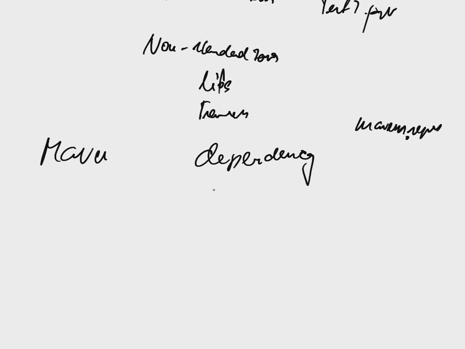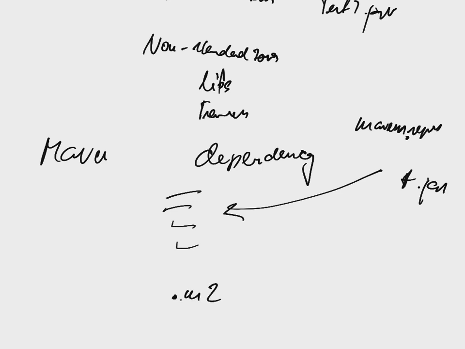Then for these dependency entries, it downloads these jar files from this repository, and it doesn't put them into a local lib or libs folder in your project, but into the so-called Maven repository, which is .m2/repository in your home folder.